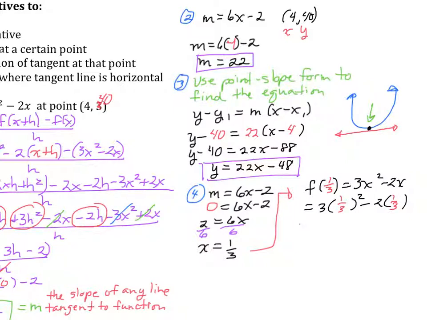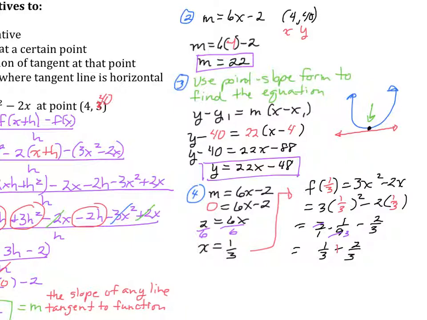So I get 3 over 1 times 1 over 9 minus 2 over 3. Doesn't the 3 cancel into the 9 3 times? So I end up with 1 over 3 minus 2 over 3. What's 1/3 minus 2/3?